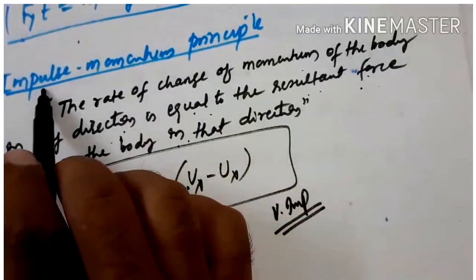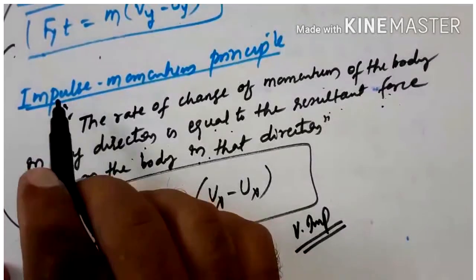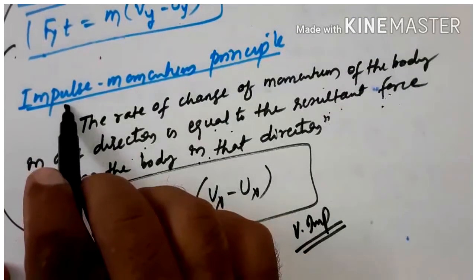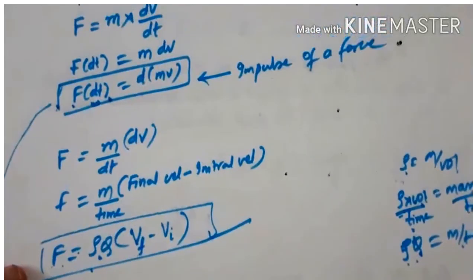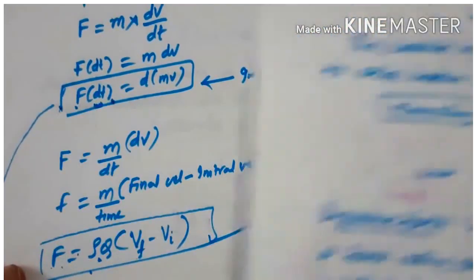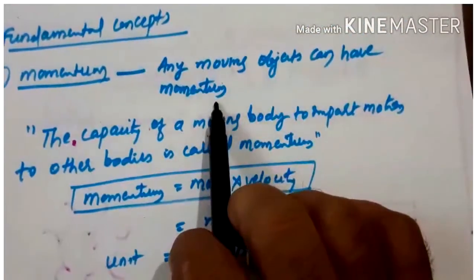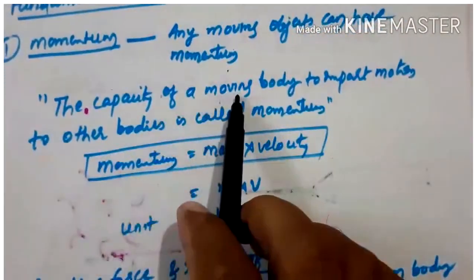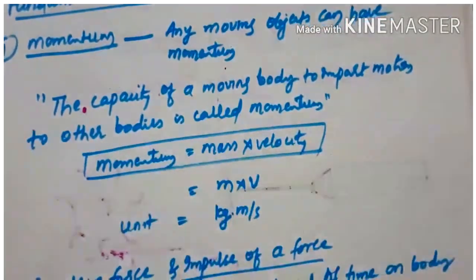Here, impulse means a force which acts for a very short interval of time. That is called impulse, the impulsive force. Momentum is the change in the body. Any moving object can have momentum. The capacity of a moving body to impart motion to other bodies is called momentum.